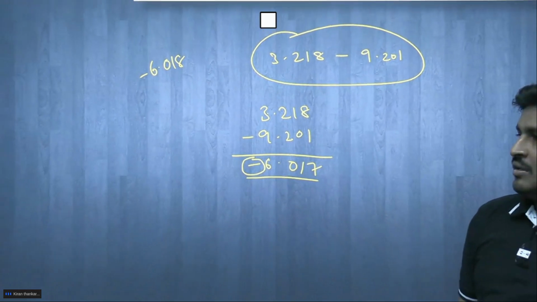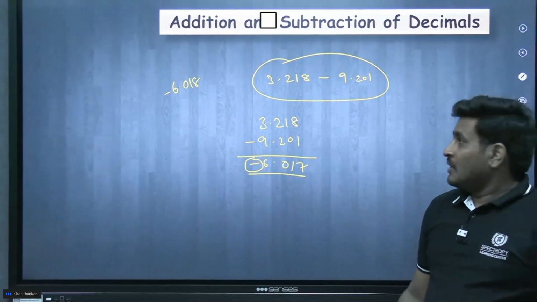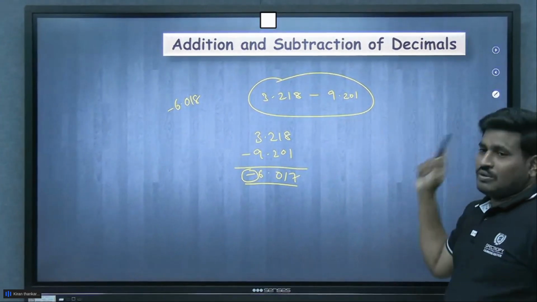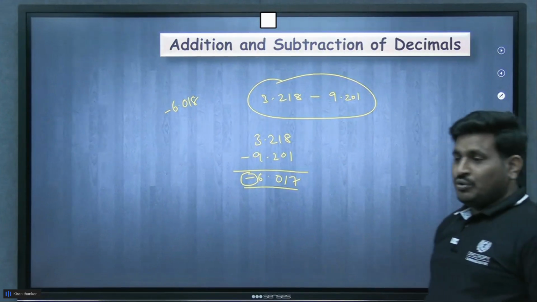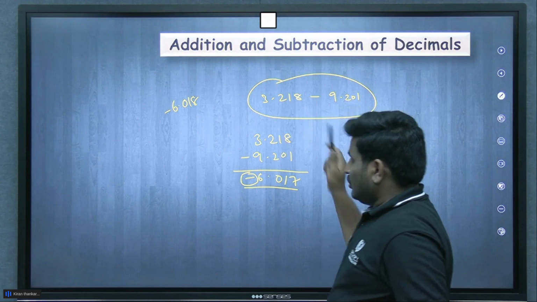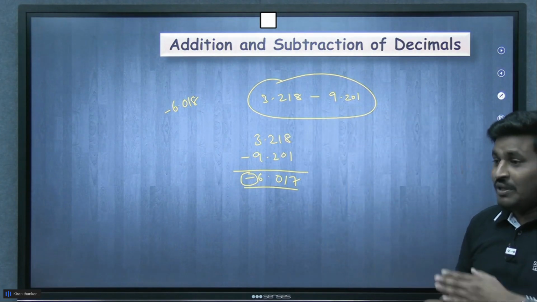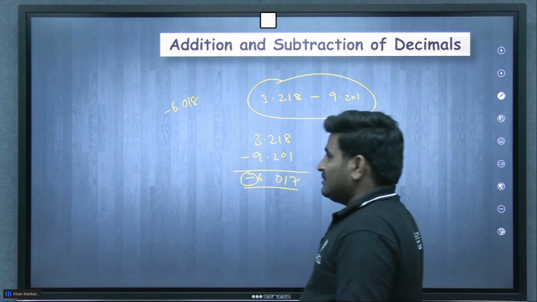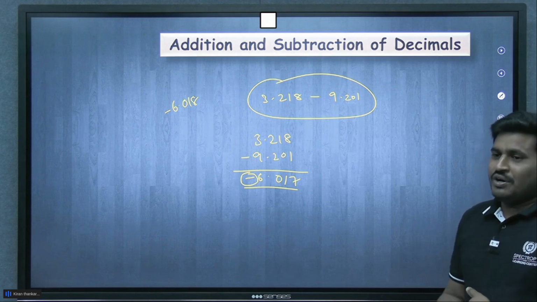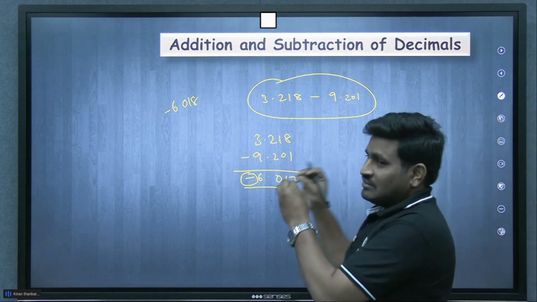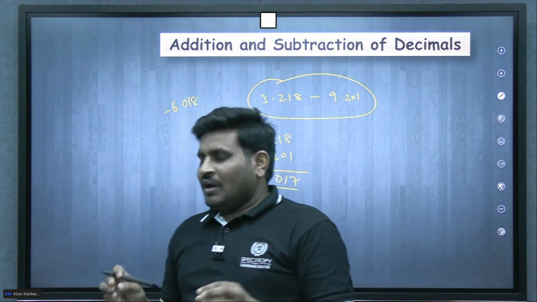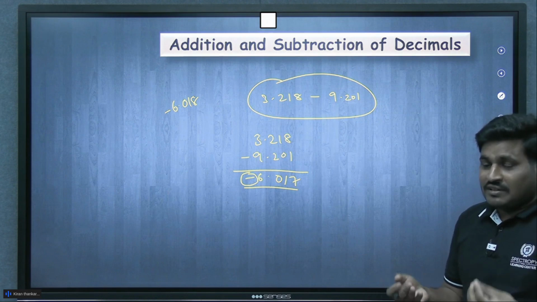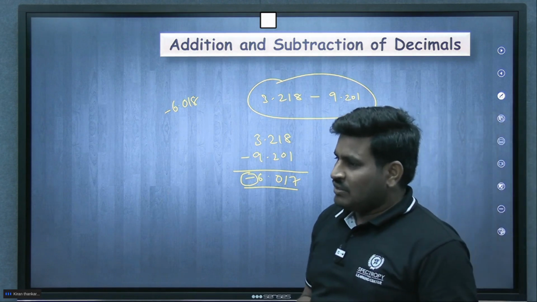When you subtract the second term from the first, observe the sign, which number is greater and which is smaller, and the sign of the greater number and the smaller number.